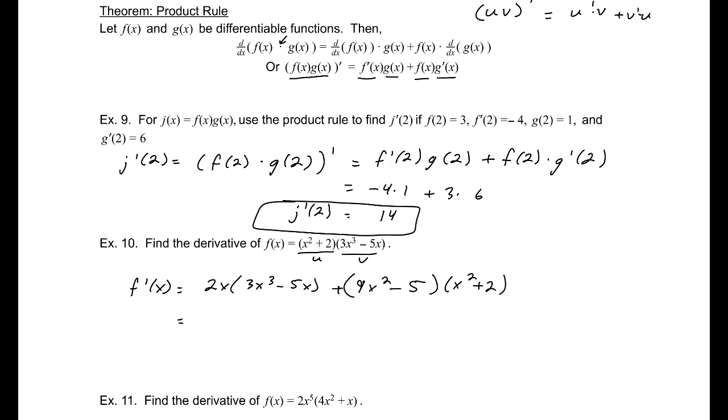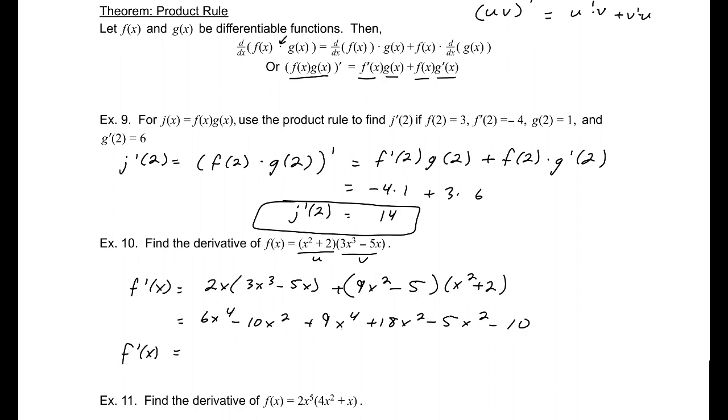Now, perhaps we should clean that up just a little bit. That would be 6x to the 4 minus 10x squared plus 9x to the 4, okay, and then we've got plus 18x squared minus 5x squared minus 10.